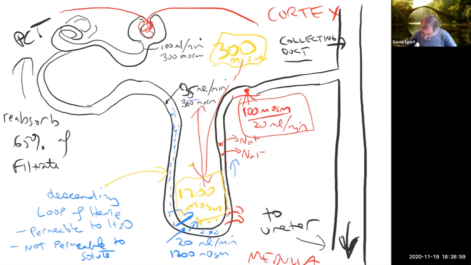Again, if you've been in anatomy, the collecting ducts all feed into those little renal papillae, into the minor calyces, into the major calyces, into the renal pelvis, into the ureter. So at the end of the collecting duct, it is urine. It's what leaves your body. But the collecting duct is the last opportunity to adjust things. Oh, and I forgot, this is the DCT here, the distal convoluted tubule.